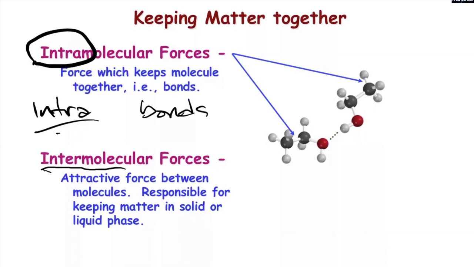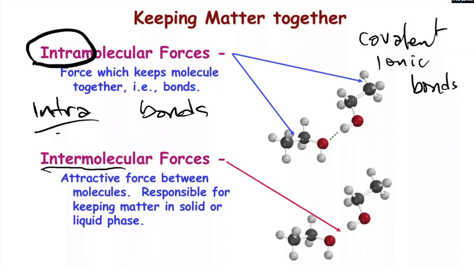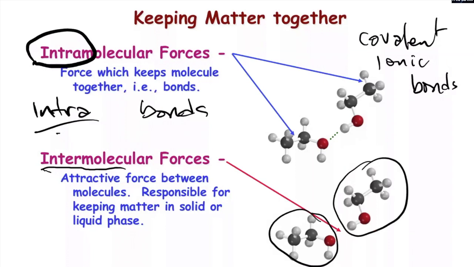And the intramolecular forces are covalent bonds or ionic bonds. That's holding the integrity of the chemical together. That's why they have that structure. The intermolecular force keeps one chemical near another through these different types of glue.